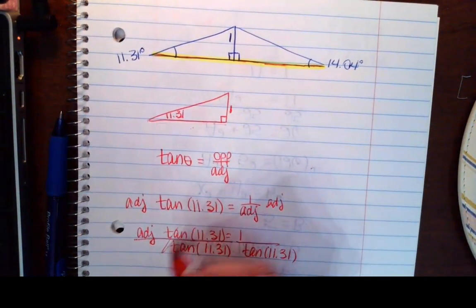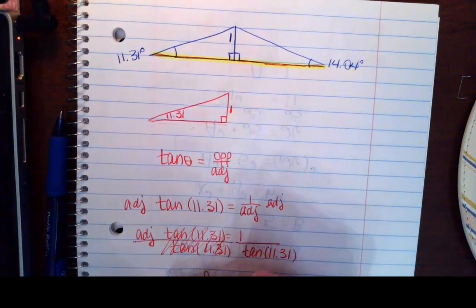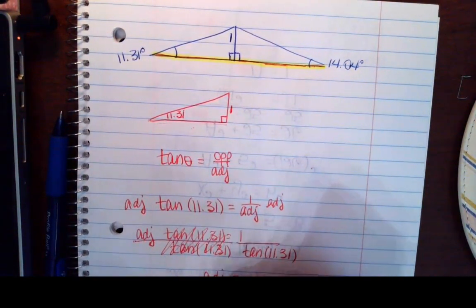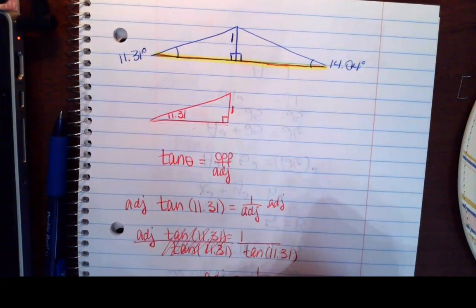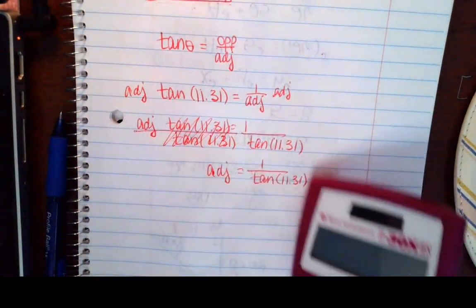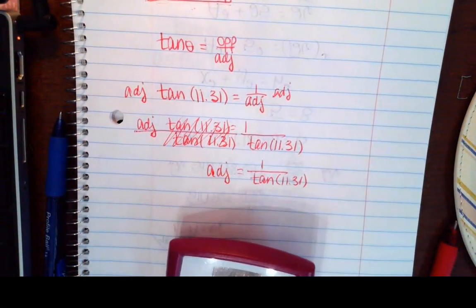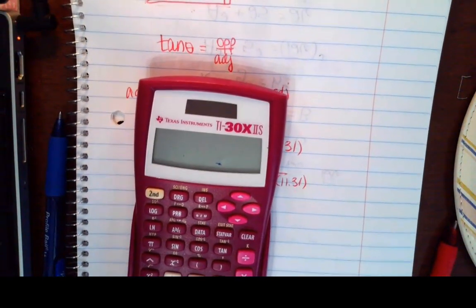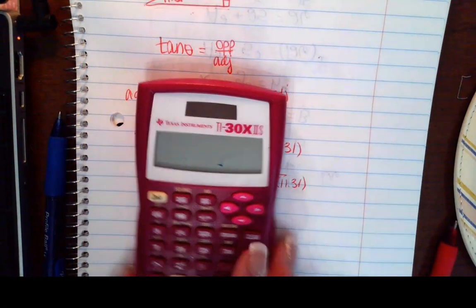Okay, so this reduces, and I'm left with the adjacent side will be 1 over the tangent of 11.31. Okay, so I'm going to slap that in my calculator. Remember, this is the same thing as cotangent, but you don't have a cotangent button, you have a tangent button.